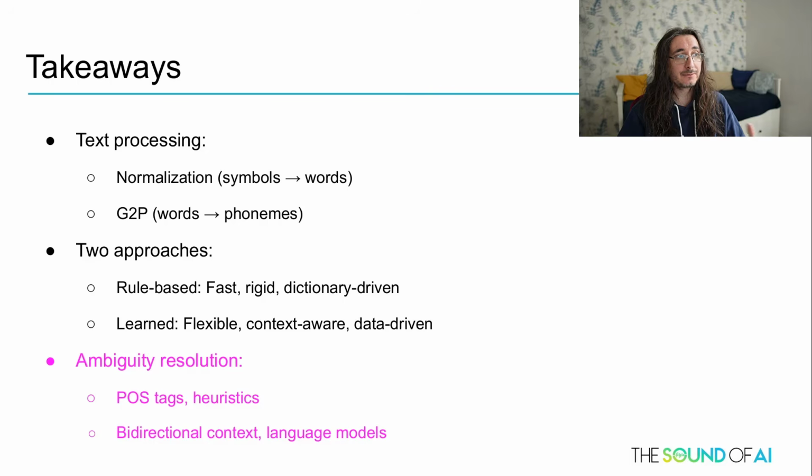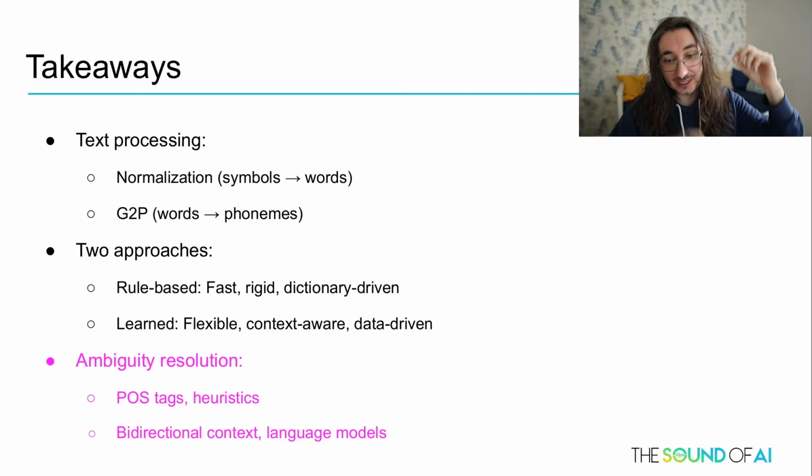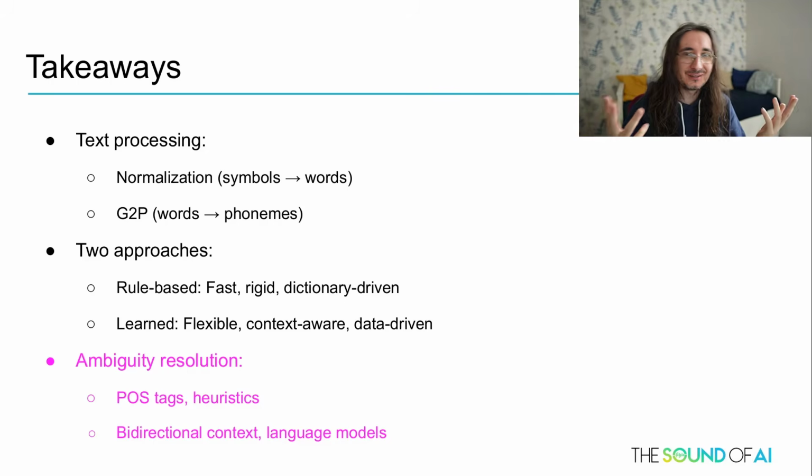So you have to resolve all of those homographs. And how do you do that? Well, in rule-based, you can use part-of-speech tagging or simple heuristics. For example, I'm just going to select the phonetic transcription that's the most common. It's not going to work, obviously, but it can work sometimes, right? And for ambiguity resolution in learning models, you can use bidirectional context and pre-trained language models like BERT, as I said.